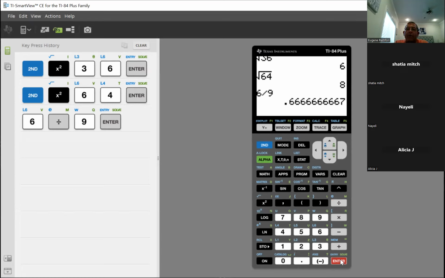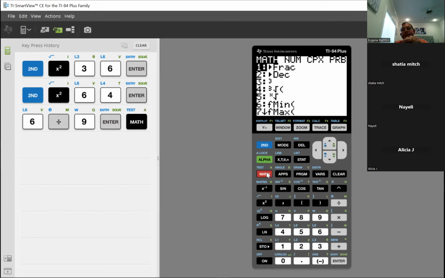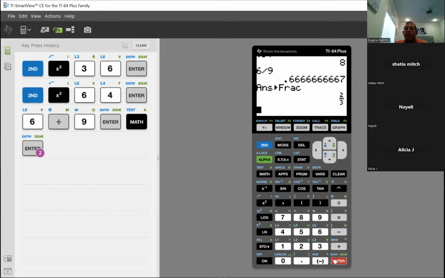So to turn the decimal into a fraction, you hit math. And you see how that number 1 is highlighted for fraction? That means it'll turn your answer into a fraction if you hit enter and enter one more time. So there's that 2/3, okay? So if you're weak at reducing your fractions, use that calculator.